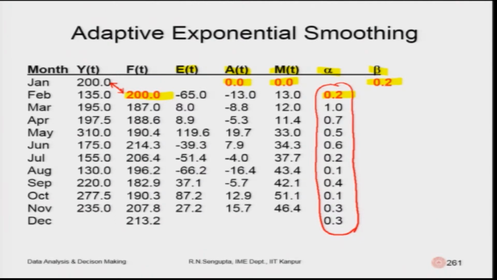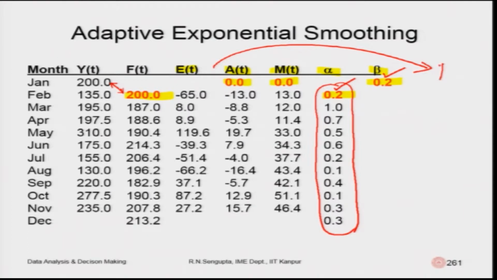And what you will do is that, considering a starting value of 20% for alpha and beta, you will basically find out the sum of the squares of the errors. So, this actual column which is not there, I am just putting it here.